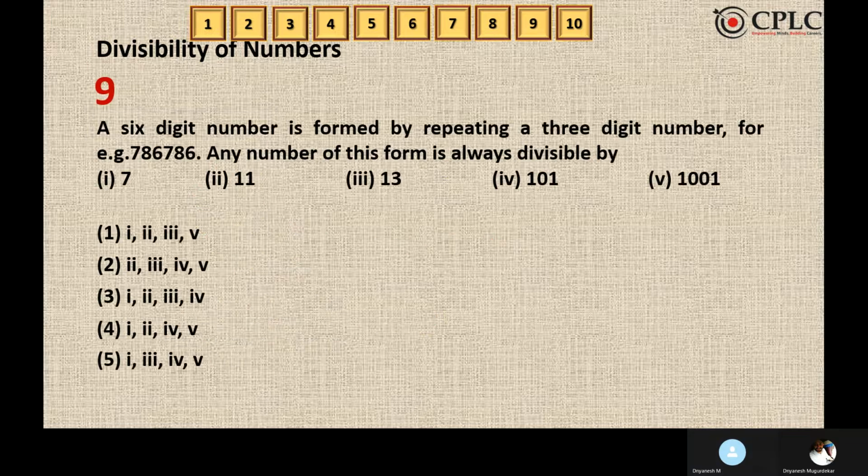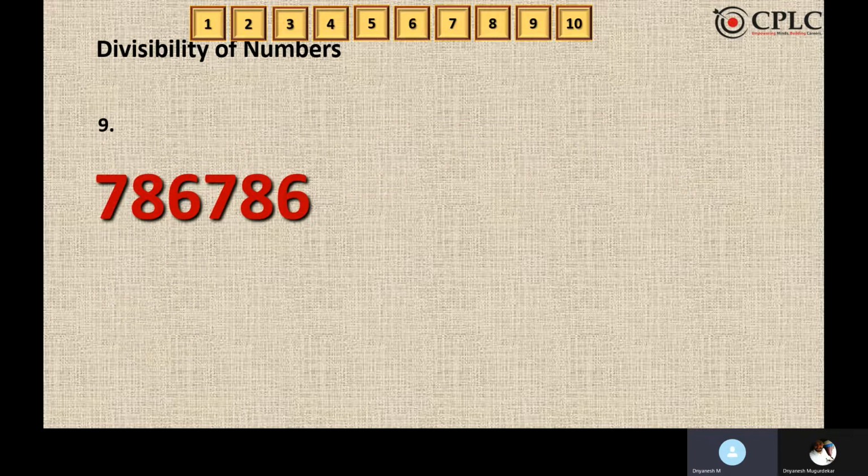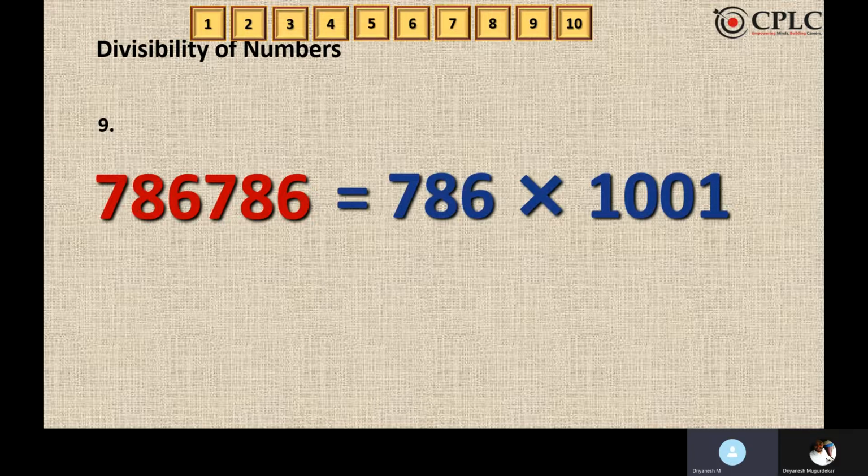Ninth one. A six-digit number is formed by repeating a three-digit number ABC, ABC. You have done this category in the concept part itself. Any number of this form is always divisible by ABC and 1001, and 1001 can be further broken down as 7, 11, 13.